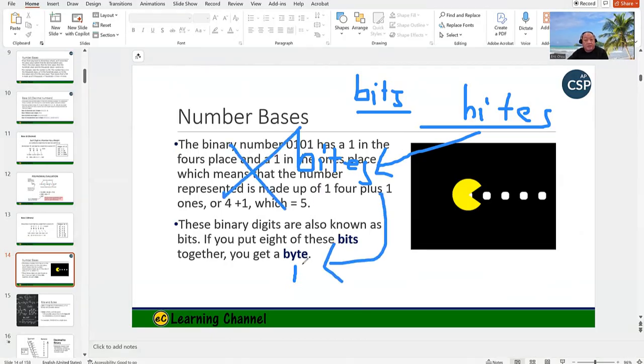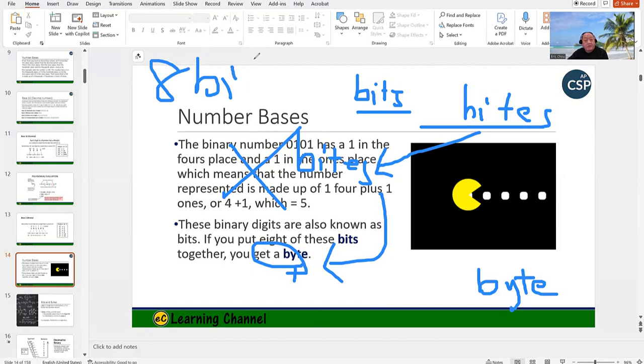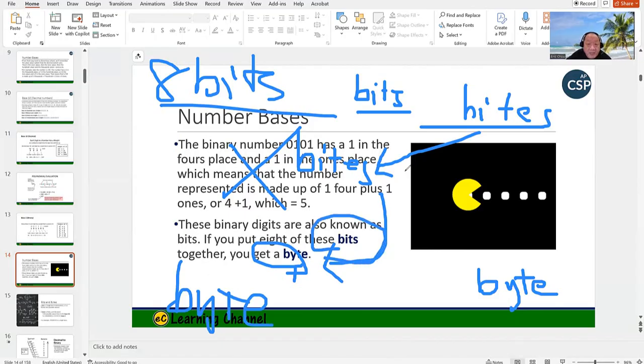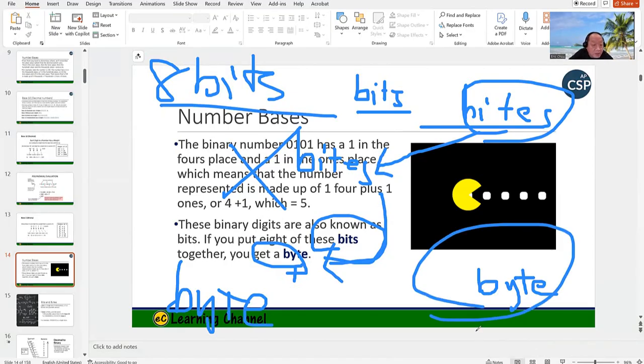Then the computer scientists changed it to BYTE to represent every 8 bits for a symbol. Okay? Is that okay so far?